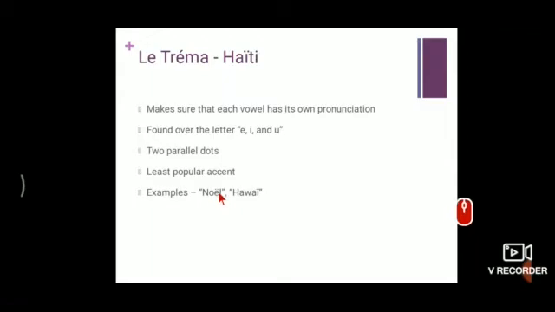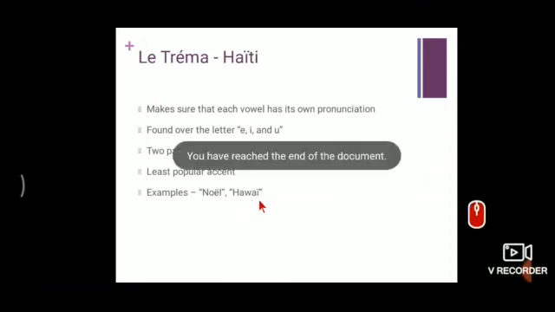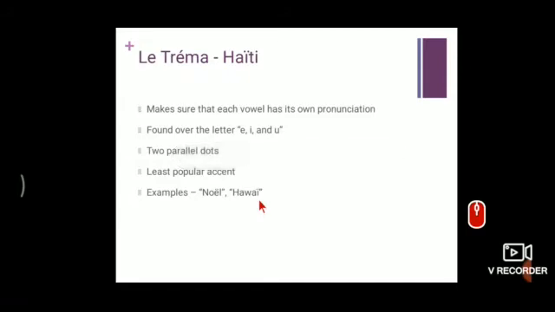So E, the proper E sound as you sound in English, Noël, and the I. We have finished all these five accents and their explanation. Now let us go to the book.